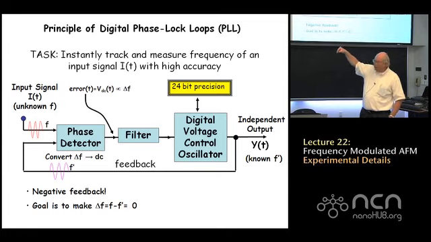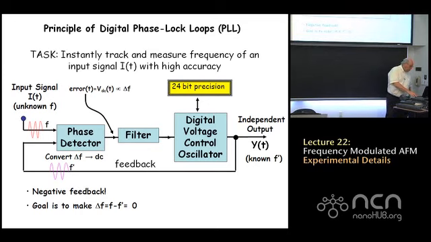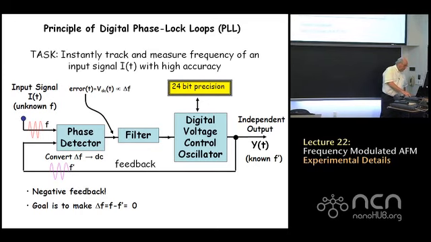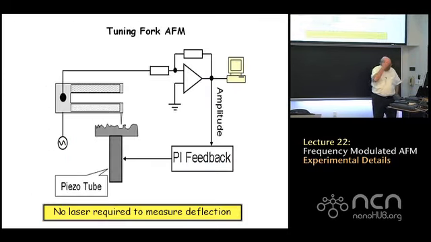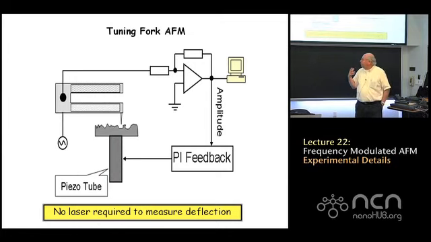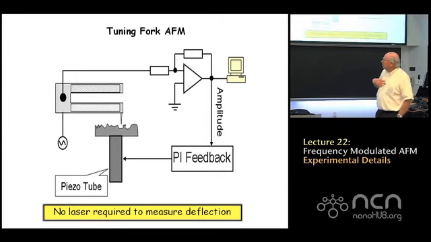That means that the voltage that goes in has to have 24 bits of control. Otherwise, you will not have the ability to determine very small frequency shifts. So that's another thing that has to be known when you use these. But once you have that phase lock loop in place, then you're in business.